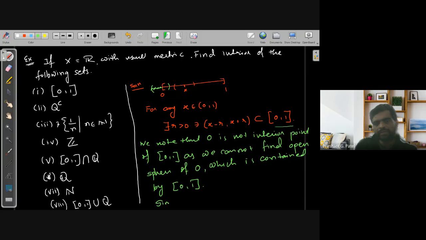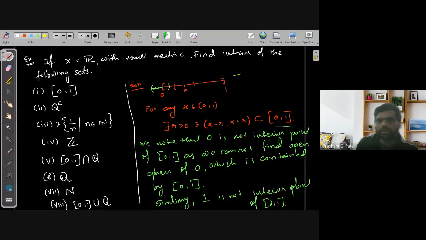Similarly, 1 is not an interior point of closed interval 0, 1. So the final answer: the interior of closed interval 0, 1 will be open interval 0, 1.